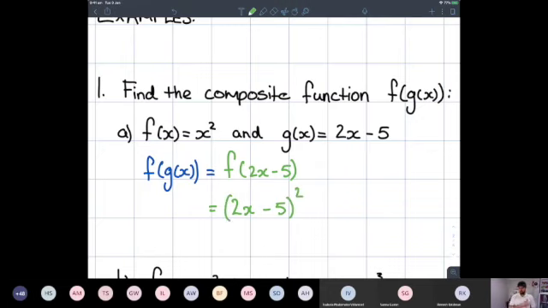And what do I know about 2x minus 5 all squared? What are some features of that that are interesting to me? It is a perfect square. So because it's a perfect square, what does that mean? Is it a polynomial? It's a quadratic. It's a polynomial of degree 2.